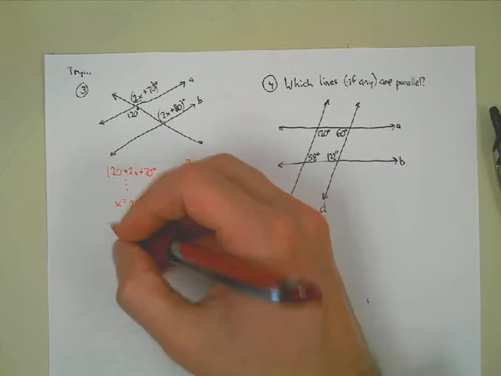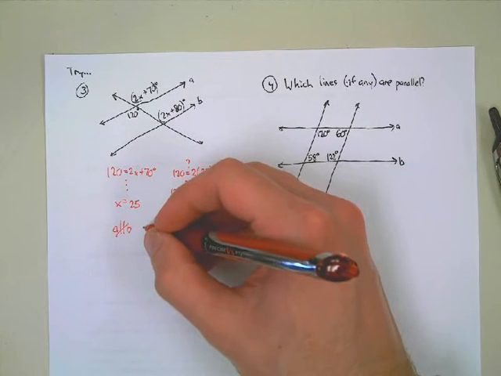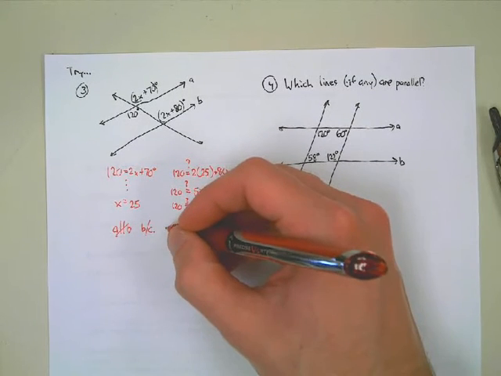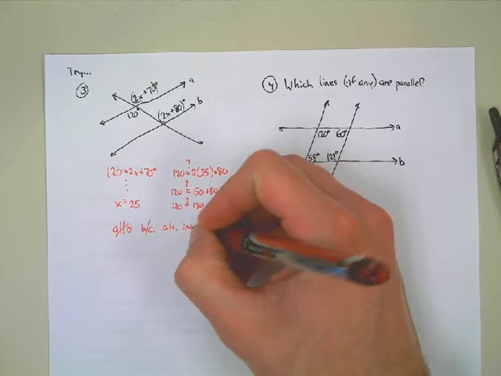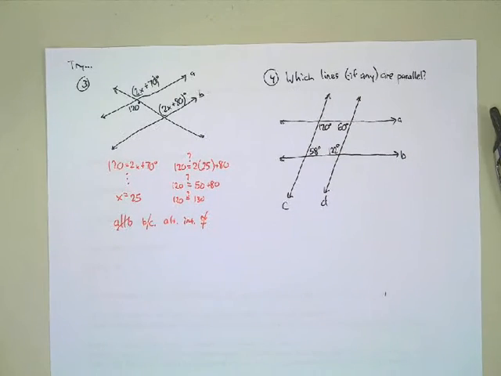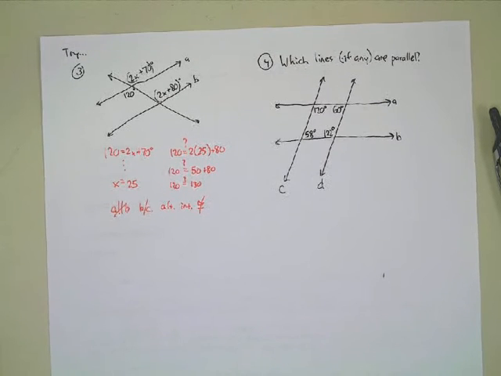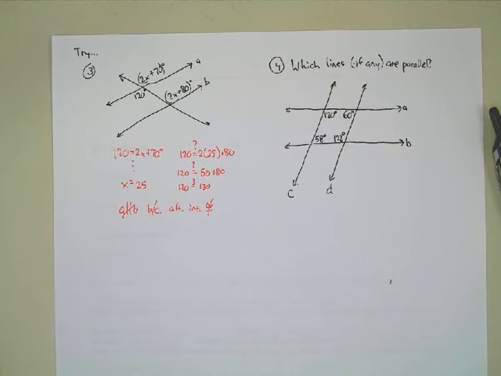A is not parallel to B because, yes. And I'm just going to abbreviate because alt, int are not congruent. Wow, you really abbreviated everything. That's right, guys. This is the legacy of the internet and stuff like that. We just abbreviate everything down to nothing.